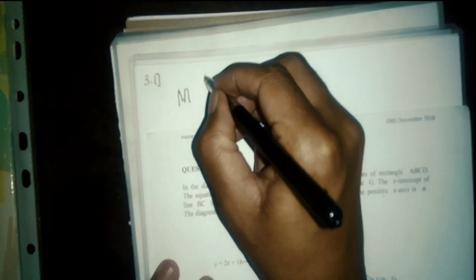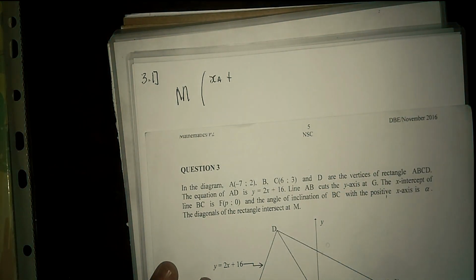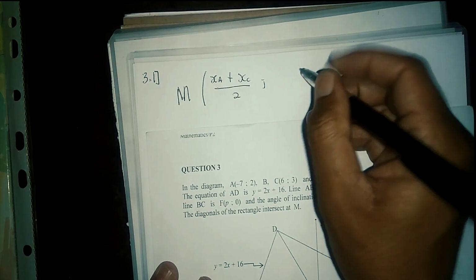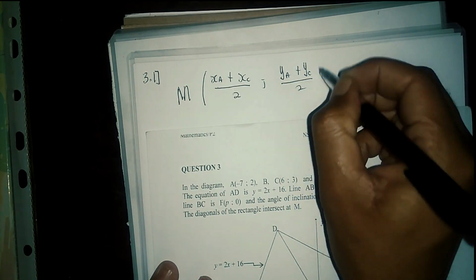M is (XA plus XC divided by 2, YA plus YC divided by 2).